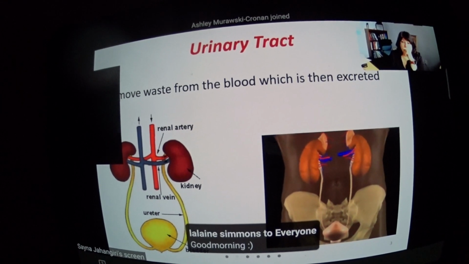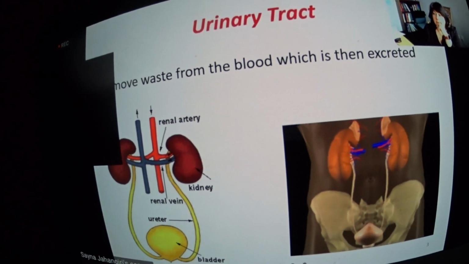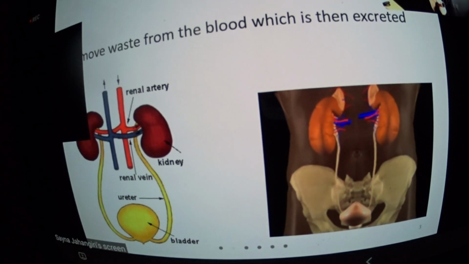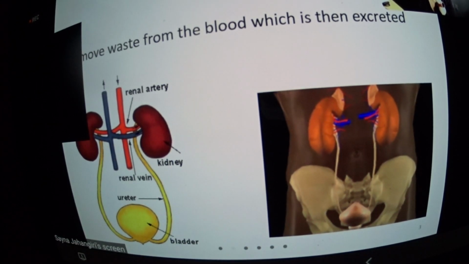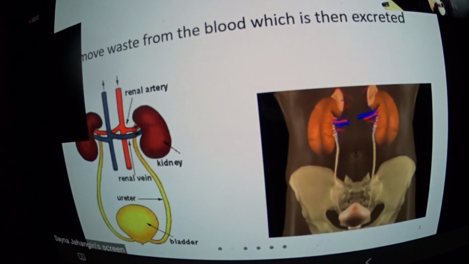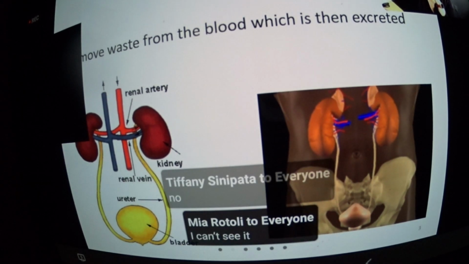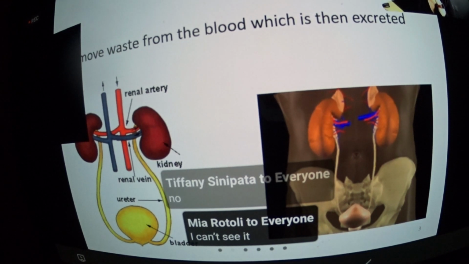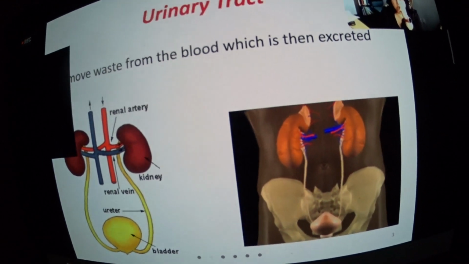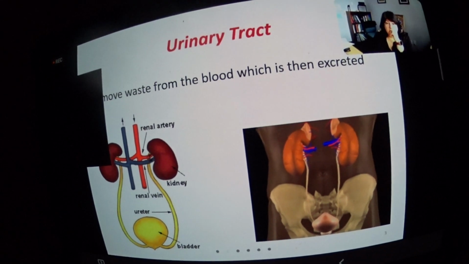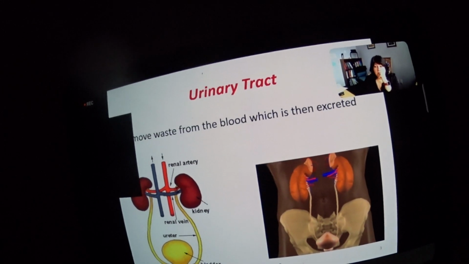All right. Let me put the chat up here so I can see it. Quick question, guys. When I'm moving the mouse, do you see it? Either give me a thumbs up, thumbs down, or put it in the chat. No. All right. Let me try this one. No, that wouldn't work.